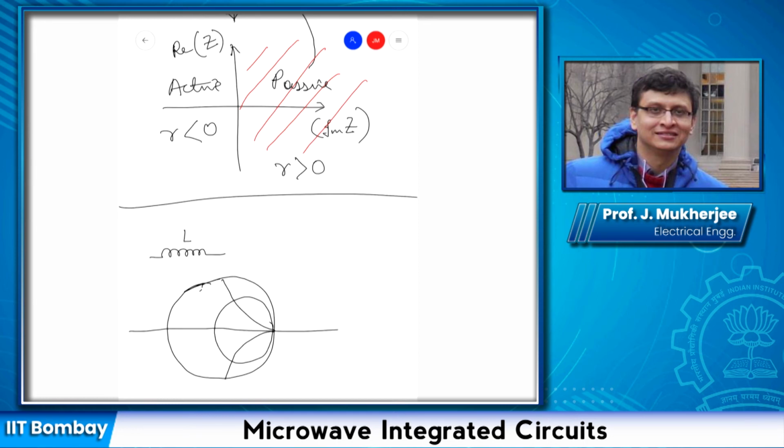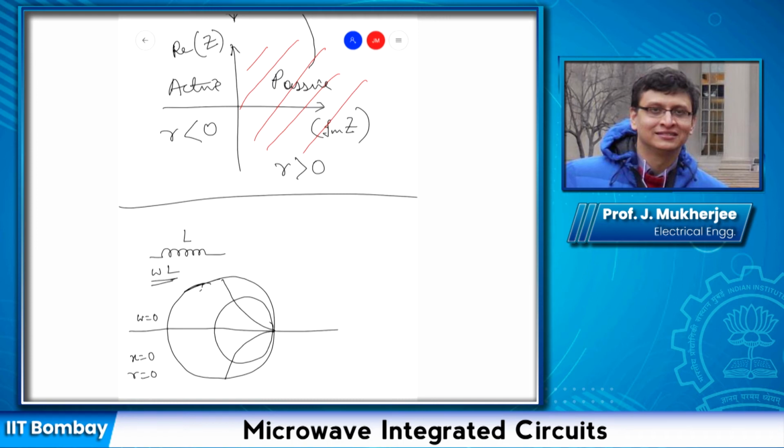Suppose the value is L. The impedance offered by this series inductor will be purely imaginary, and its magnitude is given by omega L. So at omega equal to 0, x will be equal to 0, right? So what point on the Smith chart corresponds to x equal to 0 and also R equal to 0, because there is no series resistance connected to this inductor?